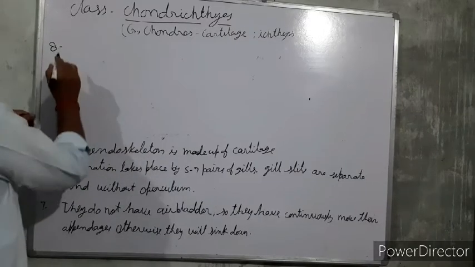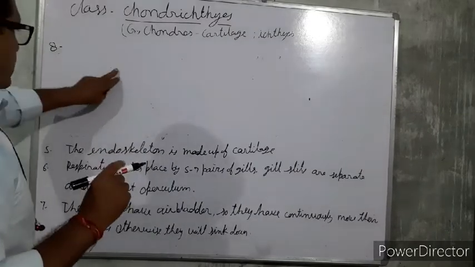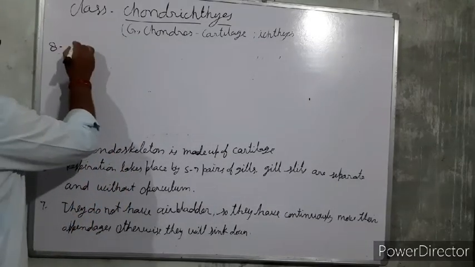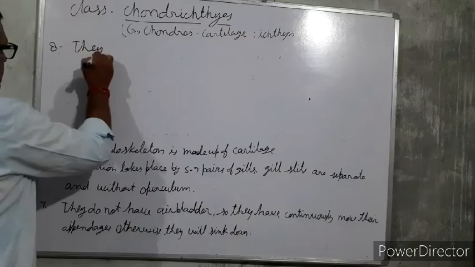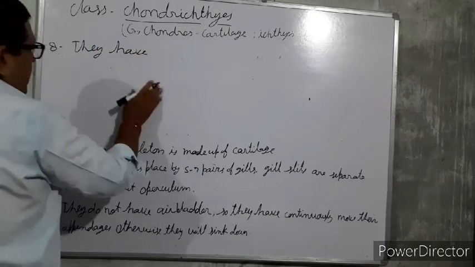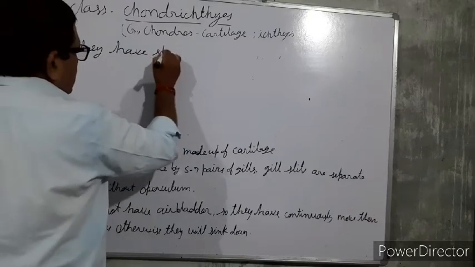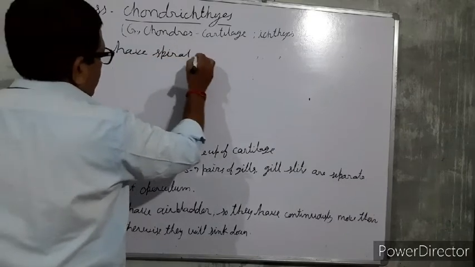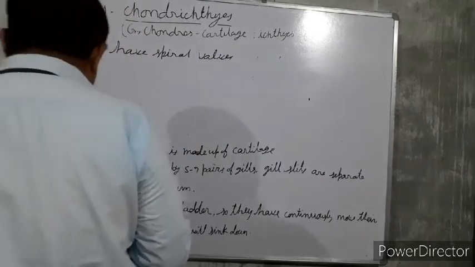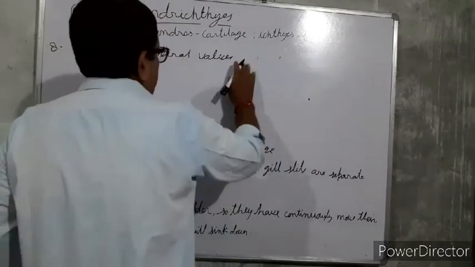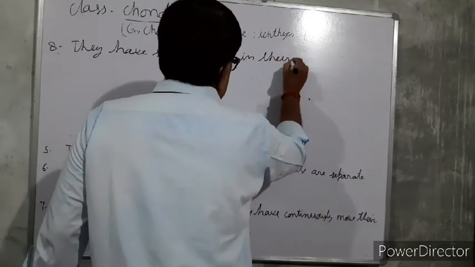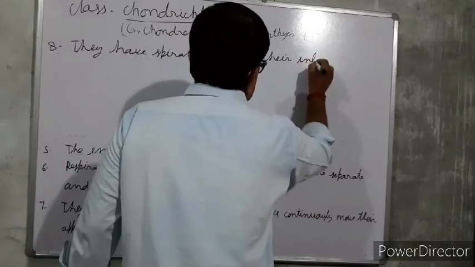eight. One more important feature, they have spiral valves in their intestine.